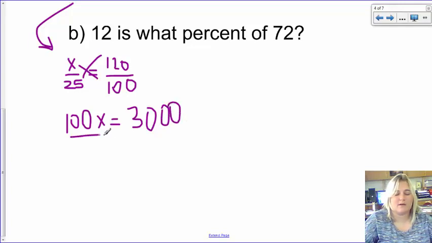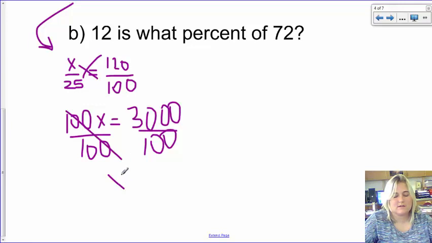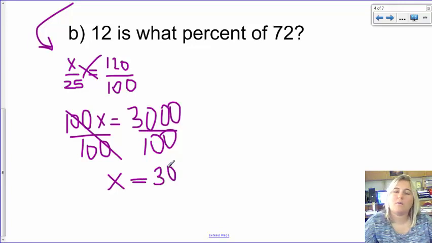And to get x by itself, we divide by 100 on both sides. Hundreds cancel, leave me with x equals 30. Okay, so what I want you to do is work the next one on your own paper.